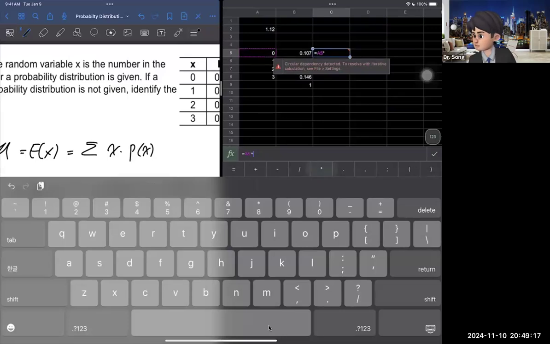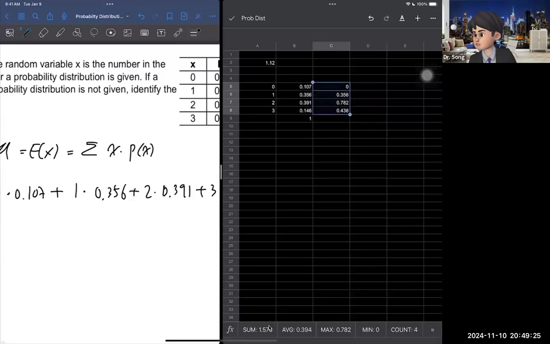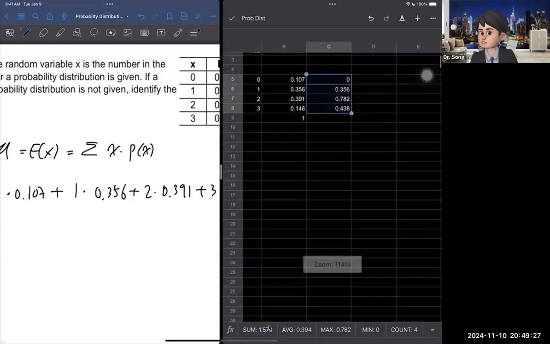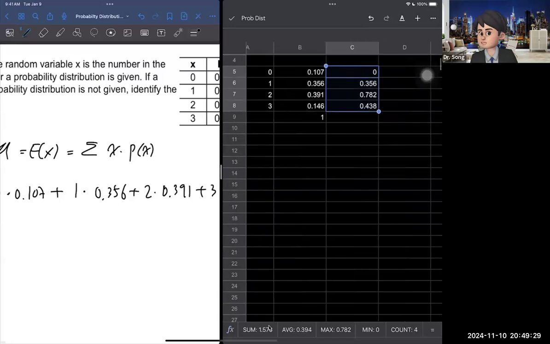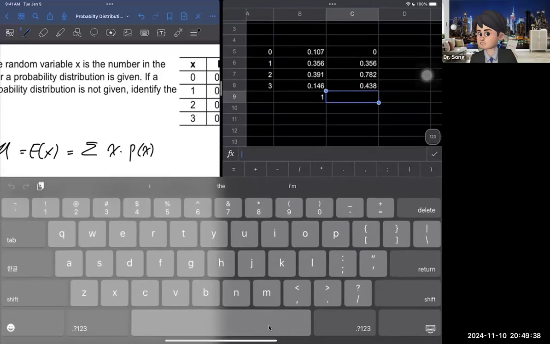It has to be B5, so this 0.107. Autofill. Which means that I calculate 1 times 0.356, that's 0.356. 2 times 0.391, that's 0.782, and so on, then I calculate the summation of these numbers.